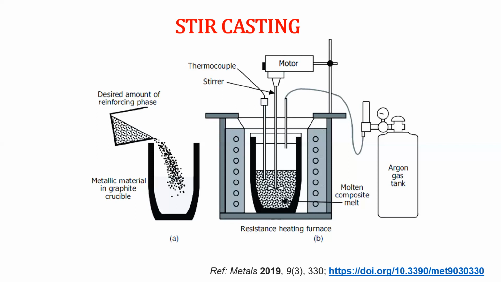The mold could be a squeeze casting mold, a vacuum casting mold, or it may be a centrifugal casting. So this stir casting is mainly for mixing the reinforcement properly to get a uniform distribution.